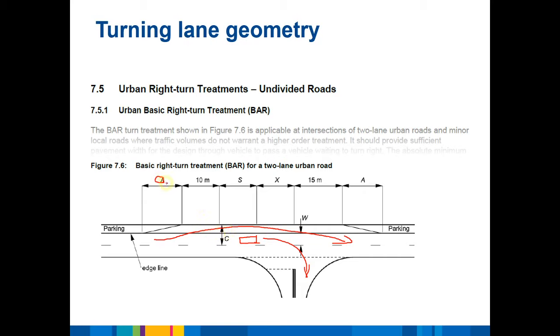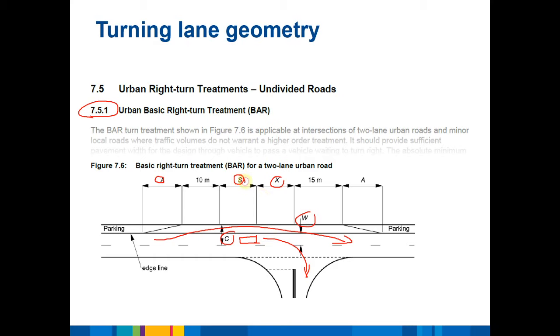Now these lengths, the A, the S, the X, the W, are all defined in this section. If you went to Section 7.5.1 in Austroads Guide to Road Design Part 4A, you would see definitions of A, S, and X, and the definition of C, and then you can basically just calculate how long these things need to be.